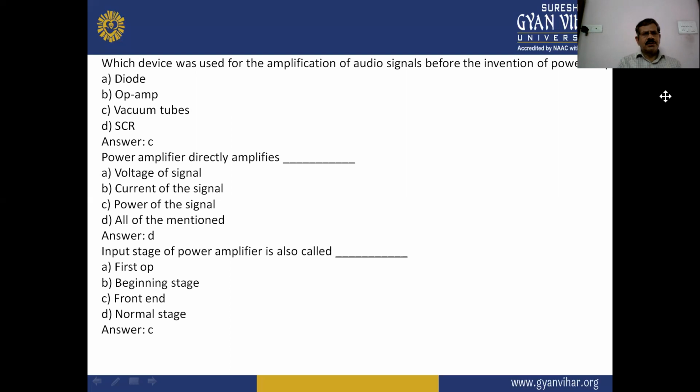In the next question, the input stage of a power amplifier is called: first output, beginning stage, front end, normal stage.